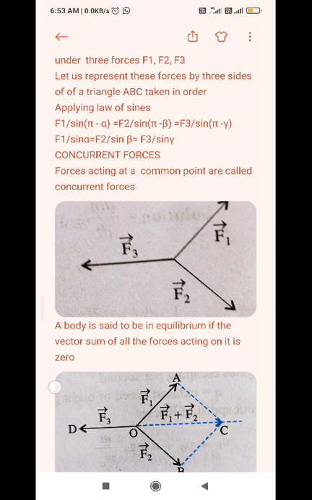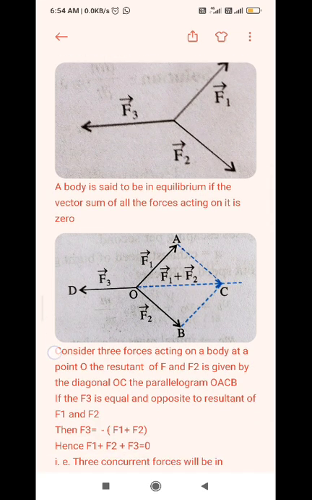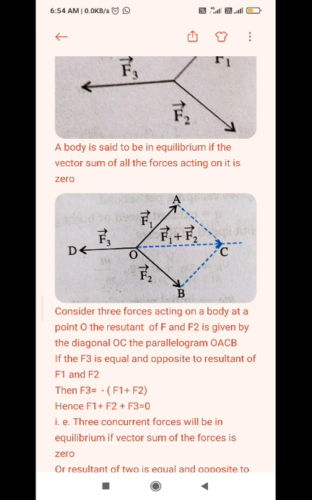We can find the resultant of F1 and F2 by the parallelogram law of vectors. For F1 and F2, we complete the parallelogram, then the diagonal OC will give the resultant of F1 and F2. If the body is in equilibrium, then F3 must be equal to the opposite of the resultant of F1 and F2.